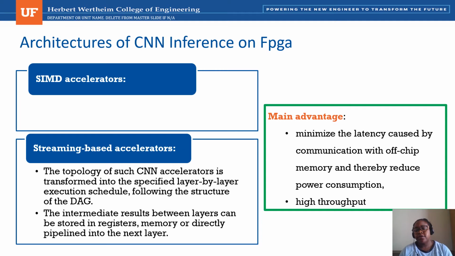The main advantage of this type of accelerator is that it minimizes the latency caused by off-chip memory communication and thereby reduces the power consumption. As we know, the cost in terms of power consumption is higher when communicating with the off-chip memory rather than an on-chip buffer or register. It also helps the design to achieve a higher throughput.